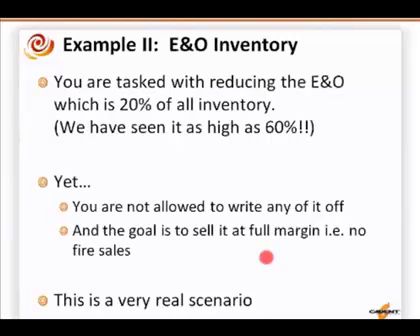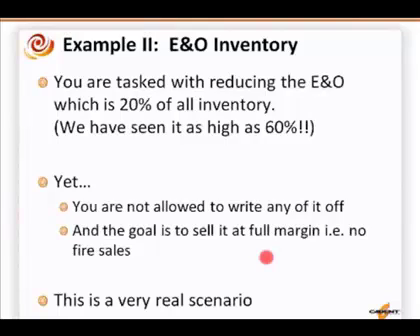Let's just say you have 20, and you have an objective to cut that down in half. Yet, as a supply chain person, you're supposed to do this, but you're not allowed to write any of it off because you just don't have the permission to do that. And the goal is to sell it at full margin, i.e. no fire sales.